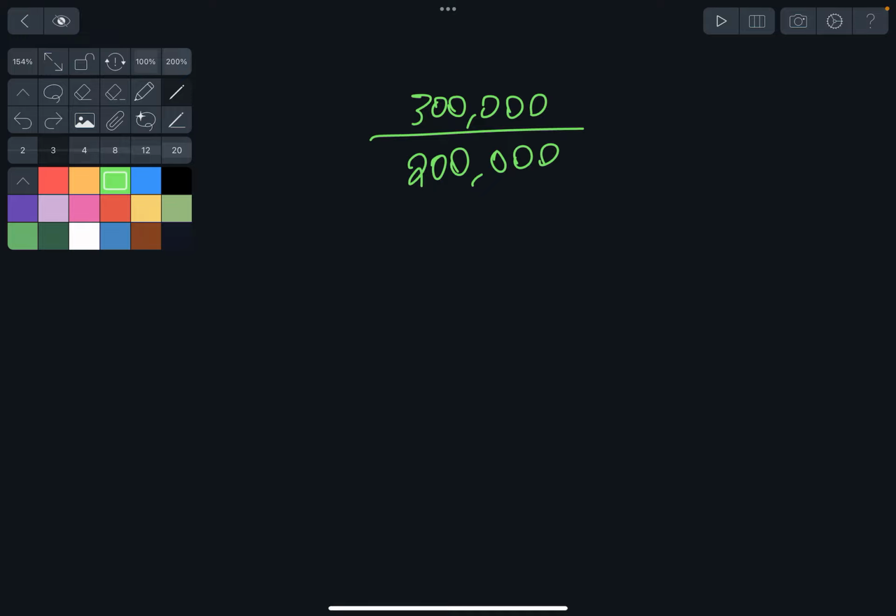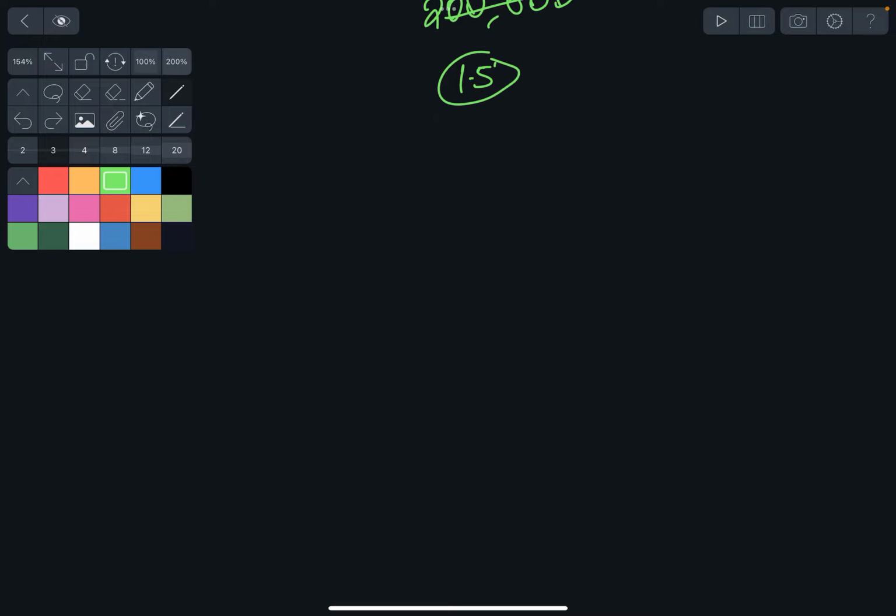Put that into your calculator and it's basically 3 on 2, which is 1.5. How do you write it as a ratio? Ratios are just fractions, so you write 1.5 is to 1. That is your ratio.